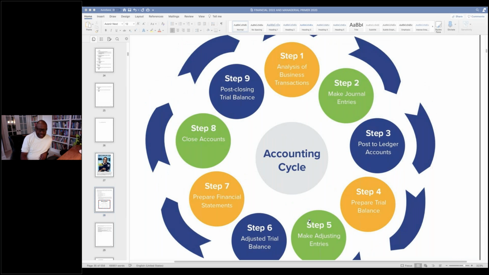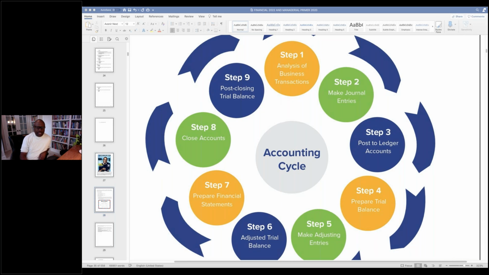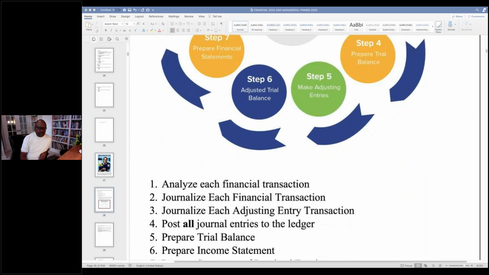So this is the accounting cycle that leads us to preparing those financial statements, our major objective. So we said if we just follow these steps, we can get it done.